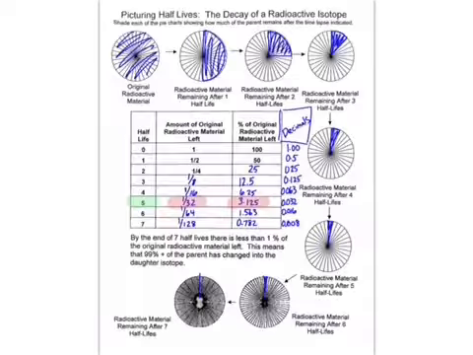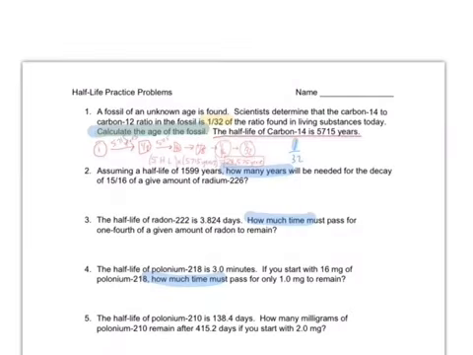Well, our half-life chart we already outlined: 1/32 remaining, 5 half-lives have gone by. So what this means is that if I have 1/32 remaining, I have gone through 5 half-lives.